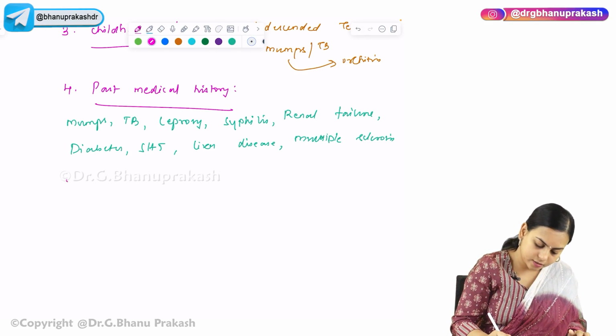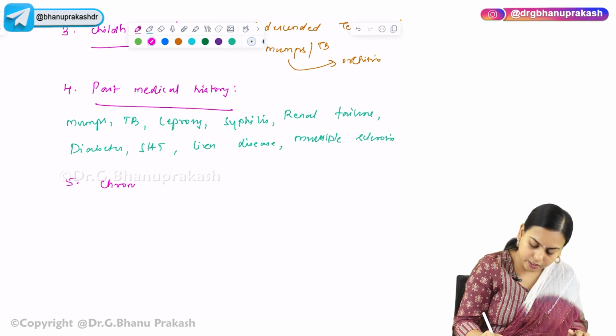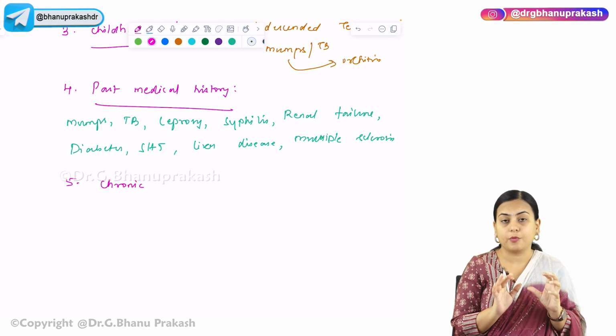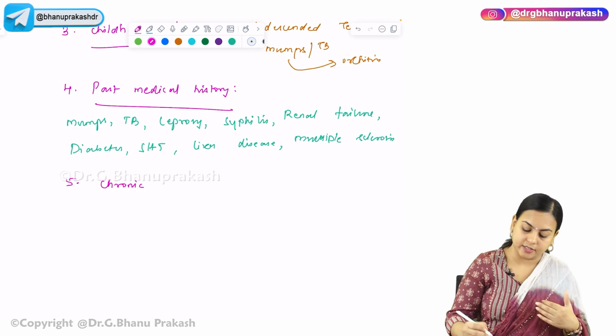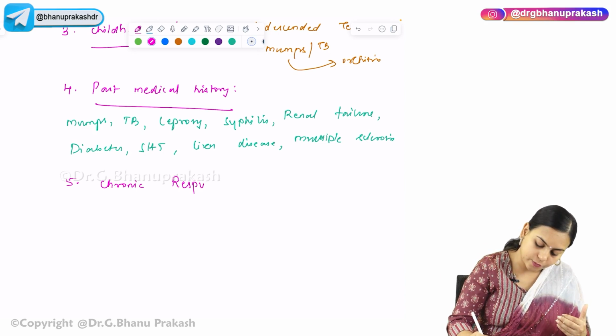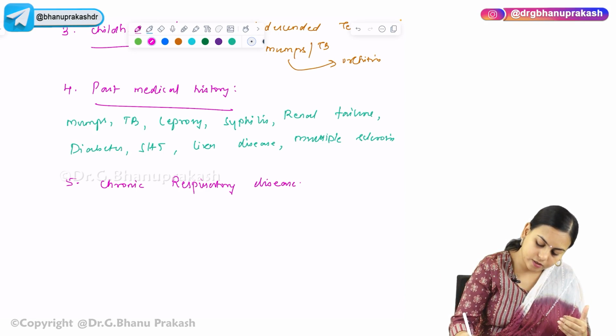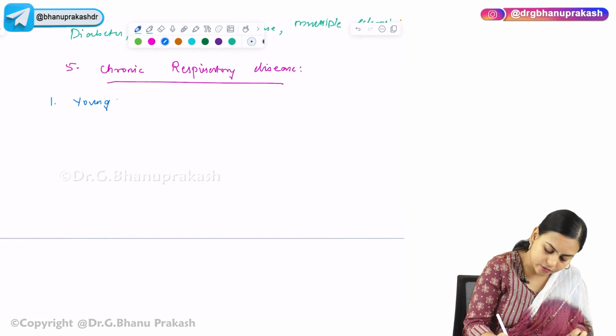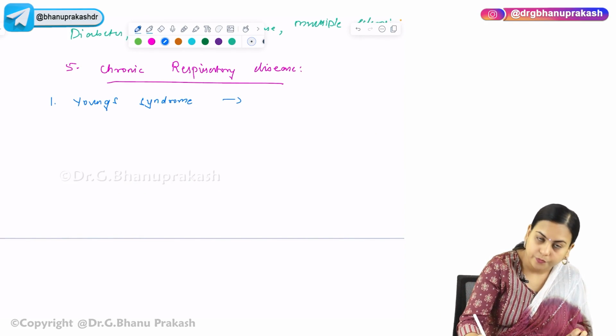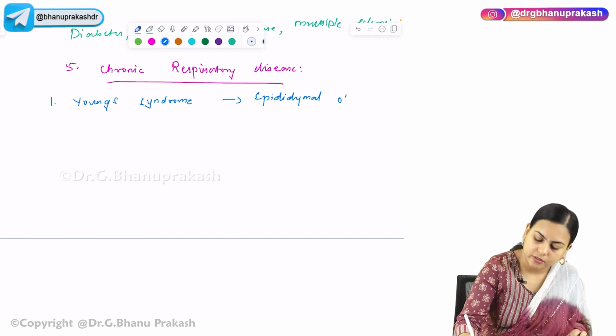And the next one, you have to even ask specifically about some past medical history, that is chronic respiratory disease. Okay, I'll tell you how this is important. Chronic respiratory disease. First condition we can have is Young syndrome. Okay, so if they are a case of Young syndrome, then there can be epididymal obstructions.